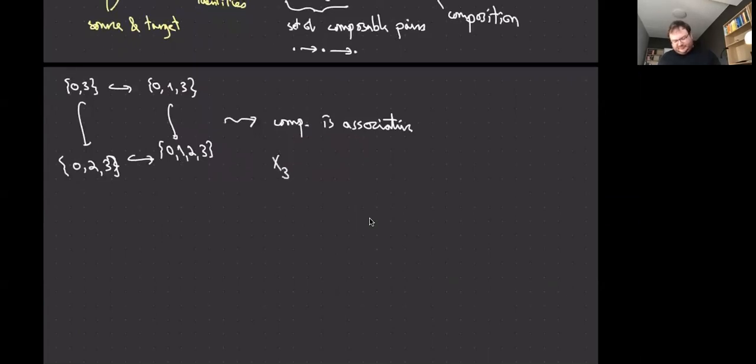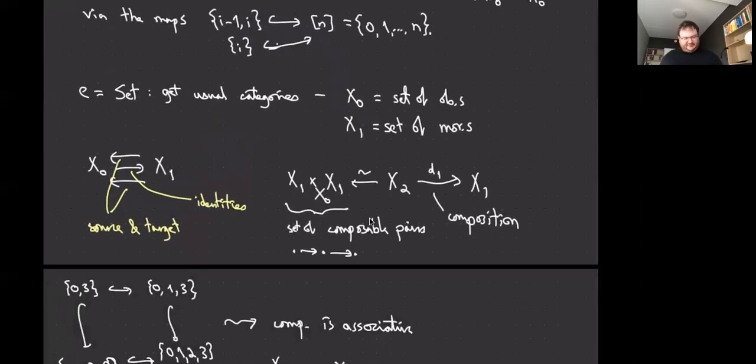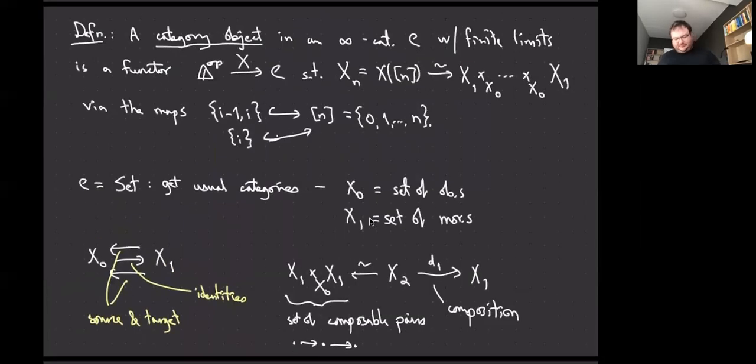Like I have a map from x3, and the 2 ways of going around the square are the 2 different ways I can compose 3 morphisms. And so if I just take C to be set, or any ordinary category, actually, I didn't need this whole structure of the simplicial object. I could have just looked at the subcategory where I only have the objects of size less than or equal to 3.